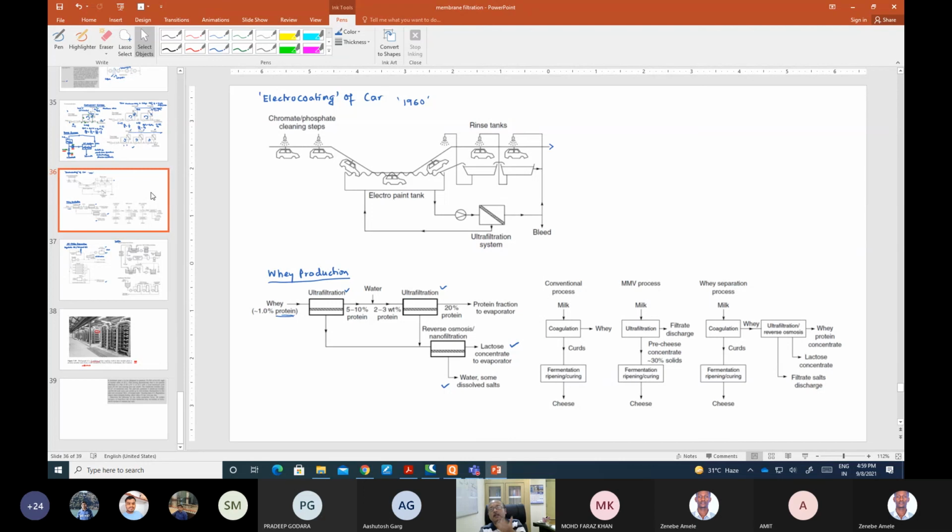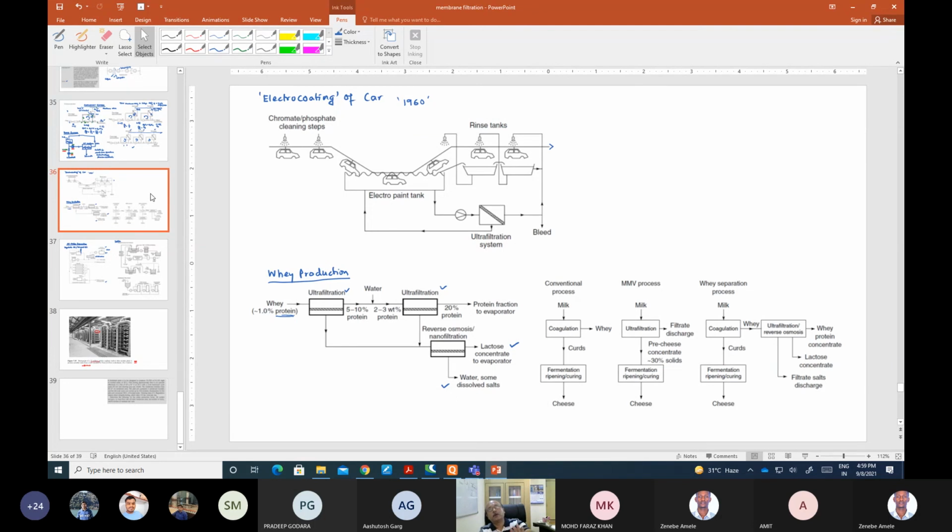Virus might be there. So it is not as such the clean water that we normally talk about. This also has a lot of impurities in it. So we can remove those macromolecules, protein molecules or virus in the ultrafiltration device.